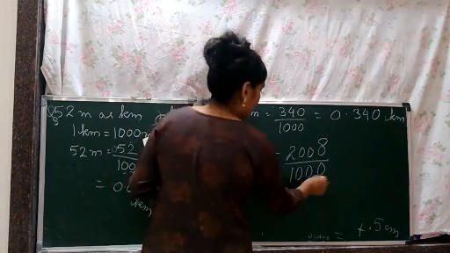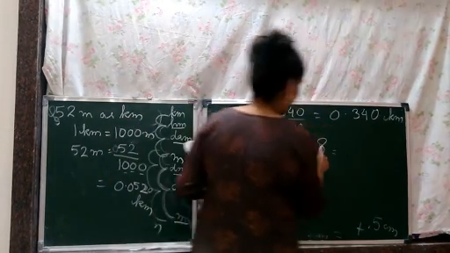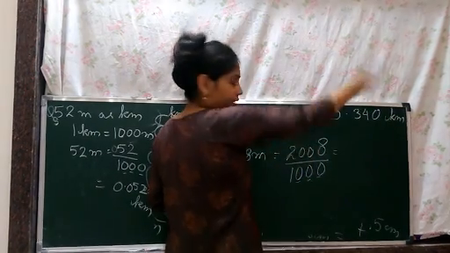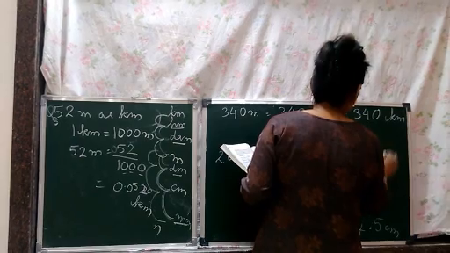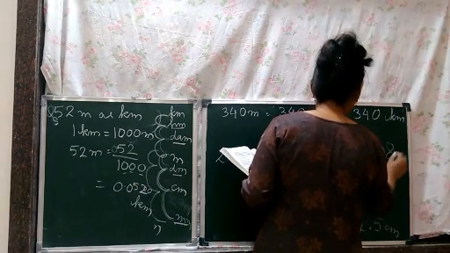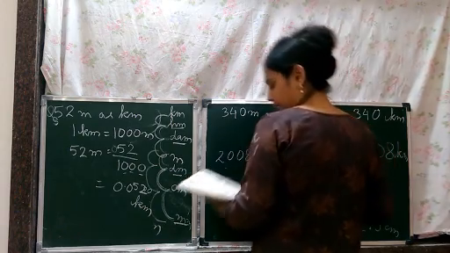That is how many zeros? 1, 2, 3. 3 zeros. So 3 decimal places. Start from the right side: 1, 2, 3 and the decimal. So 2.008 kilometers.